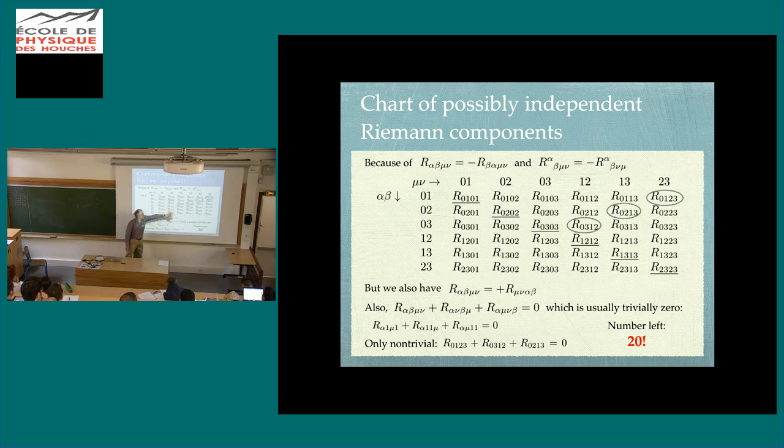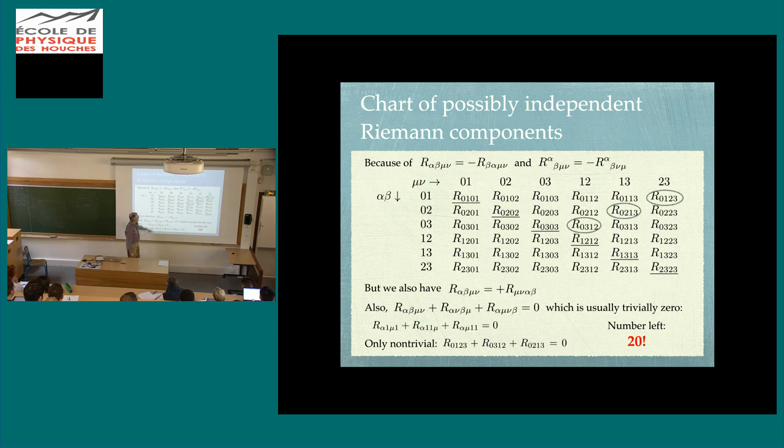So here is a list then of all the possible components of the Riemann tensor that could be independent. Except I've got another symmetry, which is I can switch the first two with the last two, which means that all the components on the upper side of this diagonal are related to components on the lower side of the diagonal. They're in fact the same. This submatrix is symmetric.